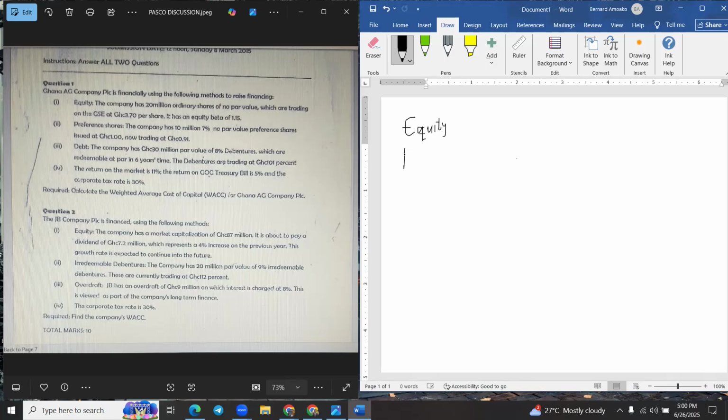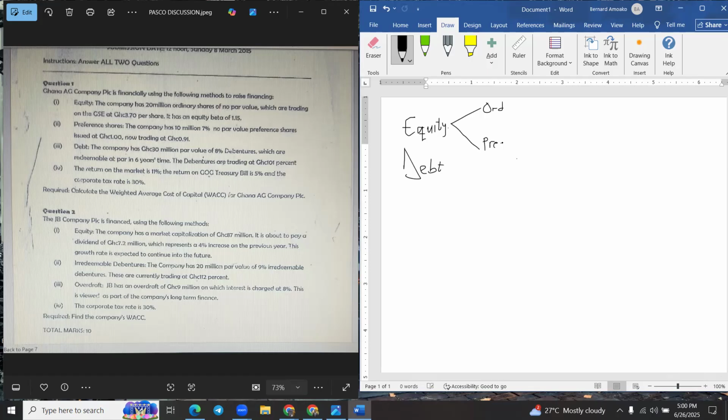and debt. Now, under each one of these, we can subdivide it. So for equity, we can say that we have ordinary shares and preference shares, ordinary and preference. All right.